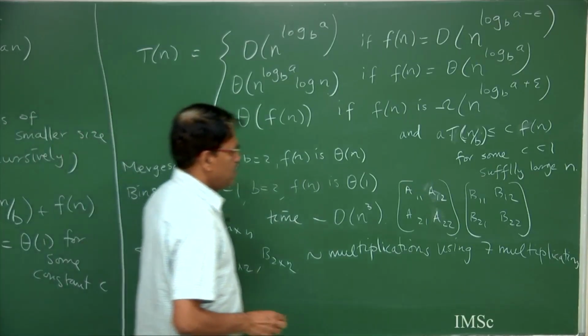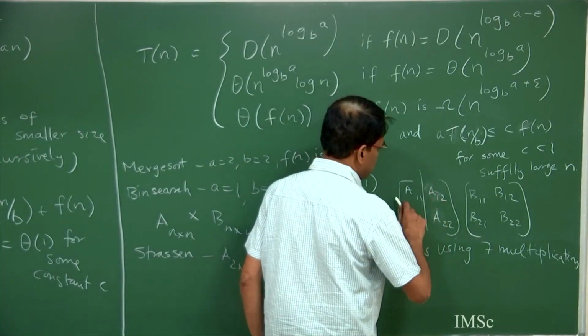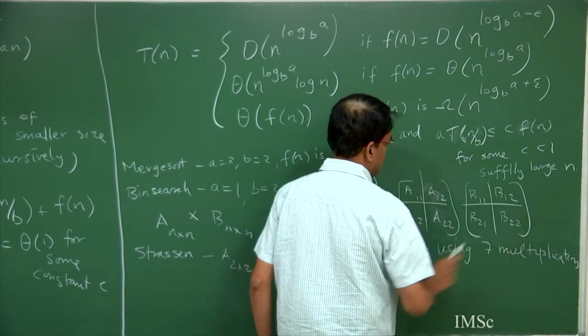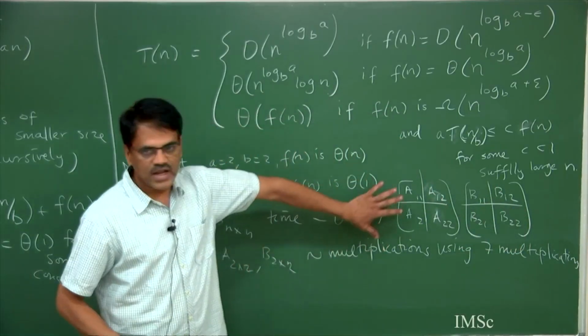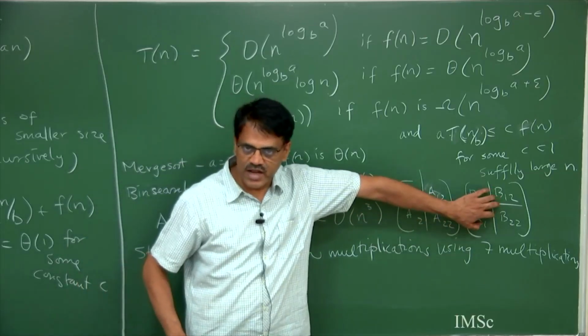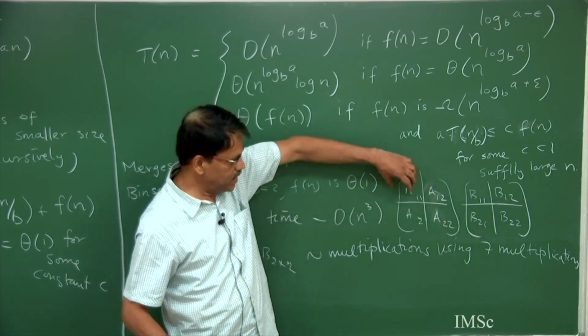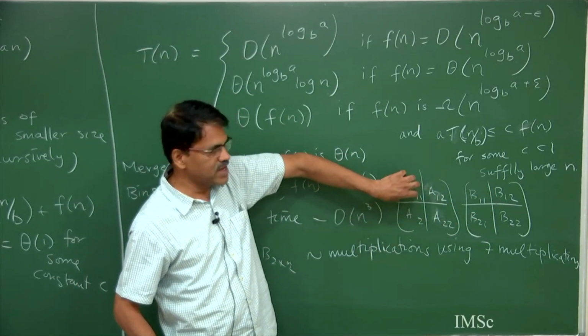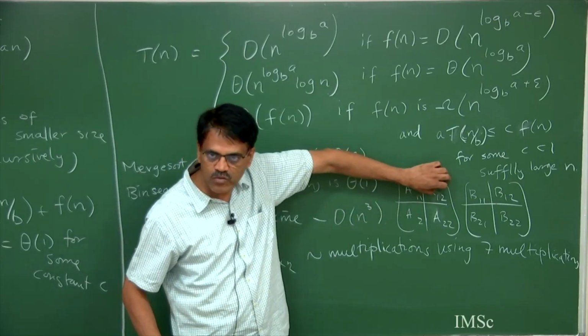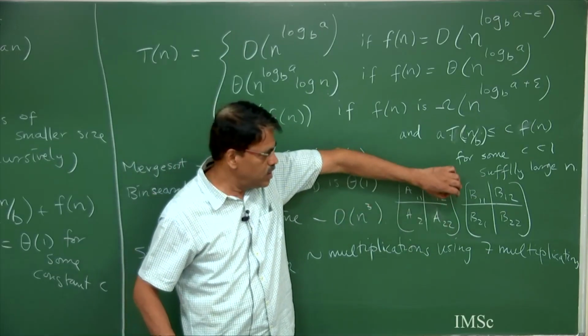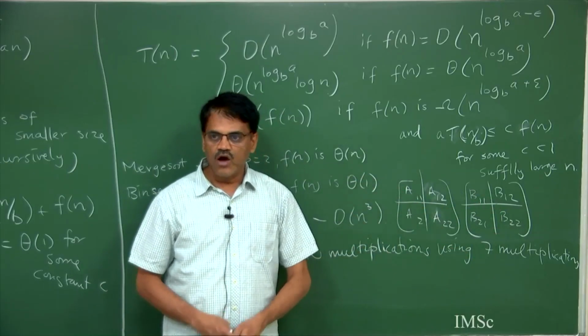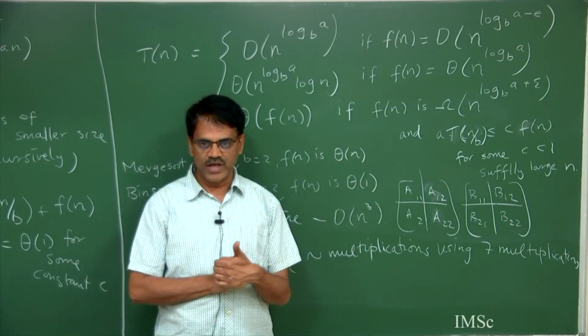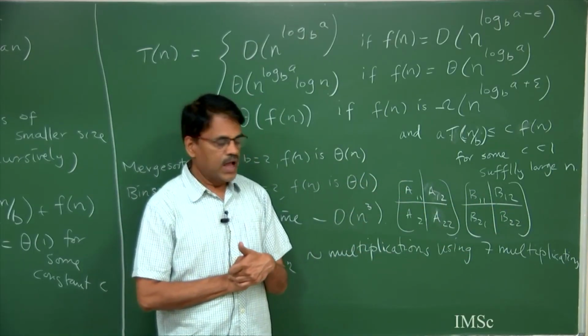Well, think of your entire matrix. Suppose this is an n by n matrix, this is an n by n matrix, partition it into sub matrices, each of size n by 2 by n by 2, and so on. Now, you recursively do your multiplication, right.